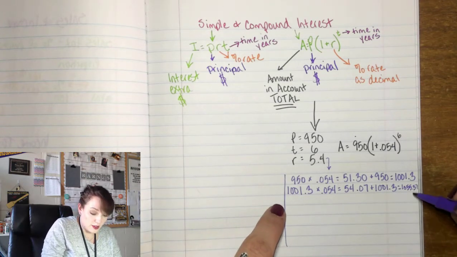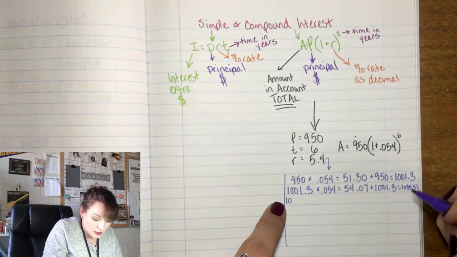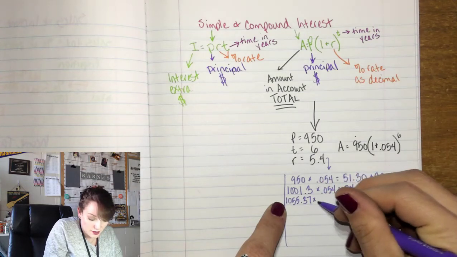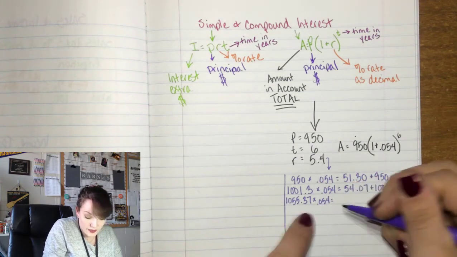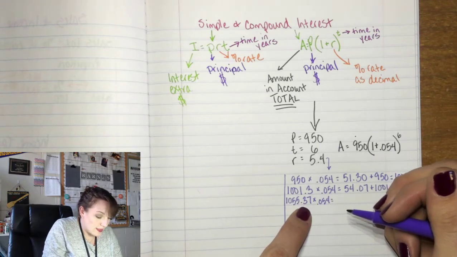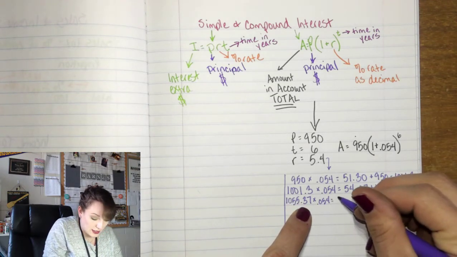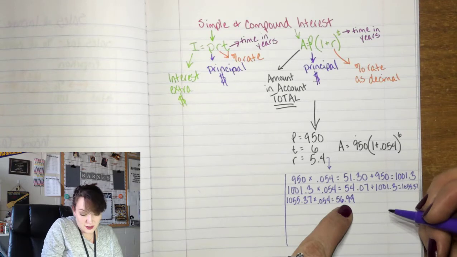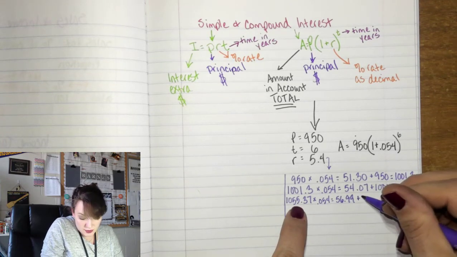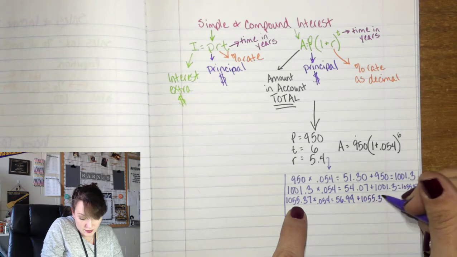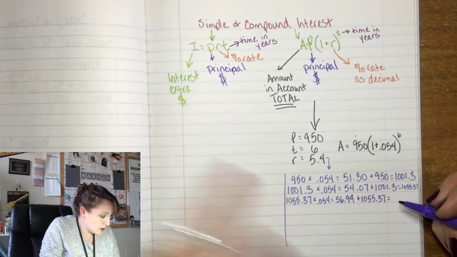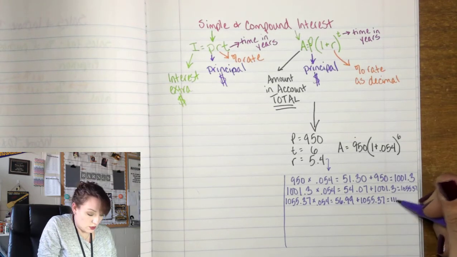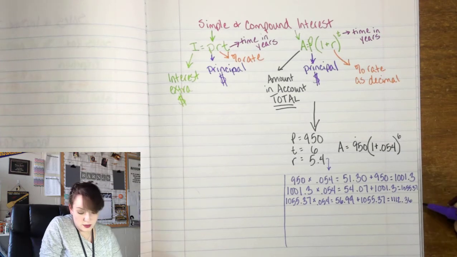So year 3, I start at 1,055.37. I get to earn 0.054% interest on this new thing. That comes out to $56.99. I get to add this to my new balance, 1055.37, and that equals 1112.36.